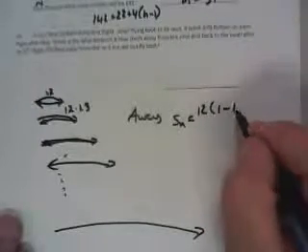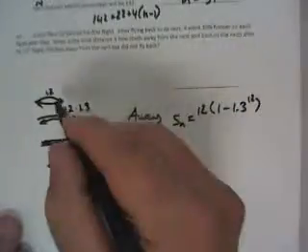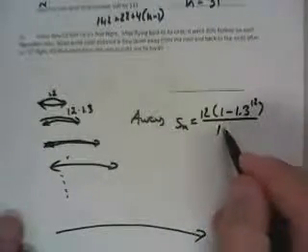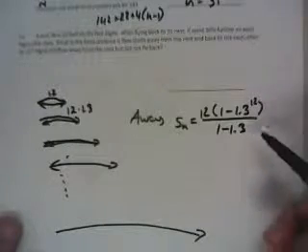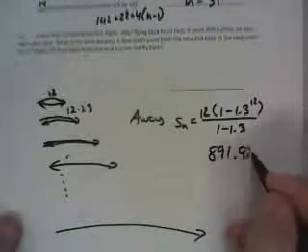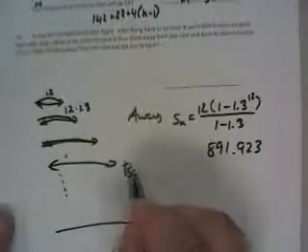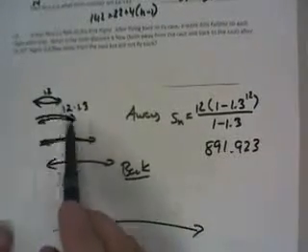Then we're going to take 1 minus the ratio, which is 1.3, because it's 30% further, to the 12th power, because there are 12 times it flew away from its nest, over 1 minus 1.3. And if we plug that into your calculator, that's 891.923 feet.